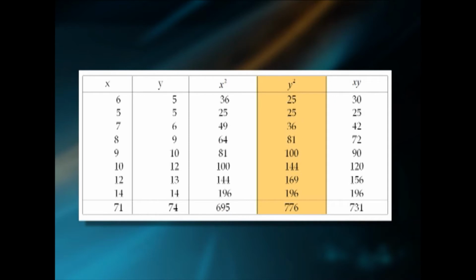Y square values 25, 25, 36, 81, 100, 144, 169 and 196 with the sum of yi square values 776. X into y values 30, 25, 42, 72, 90, 120, 156 and 196. Sigma xy equal to 731.